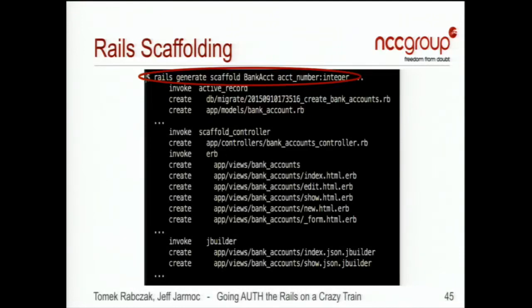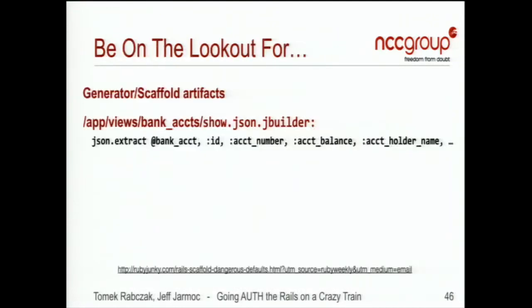The problem comes in with these JBuilder files. It'll generate a JBuilder file, which, if you request a .json extension, will return this view. But every single parameter that you pass into the scaffold command will get added to this. These are files that developers sometimes don't really look into or don't really use.